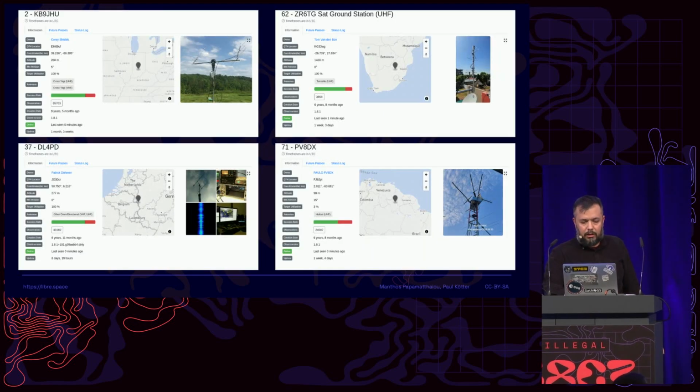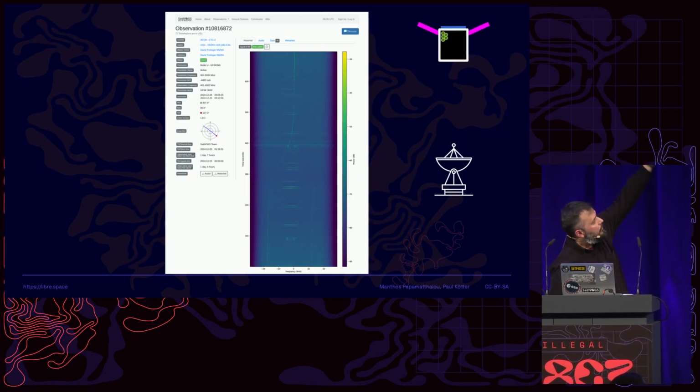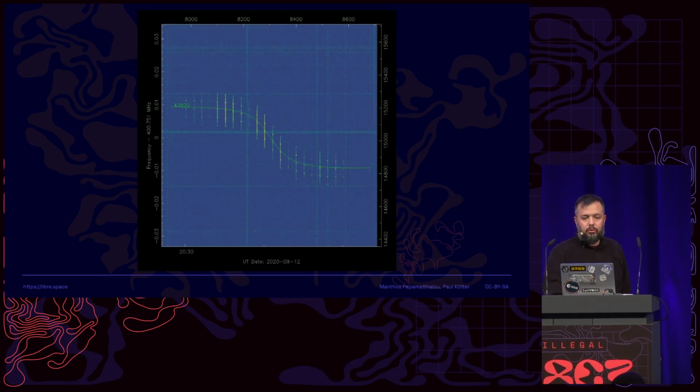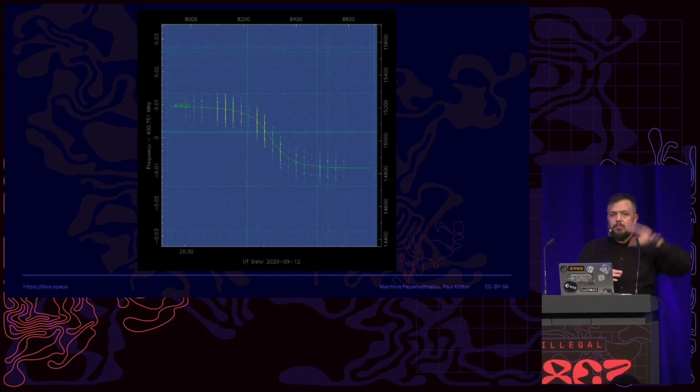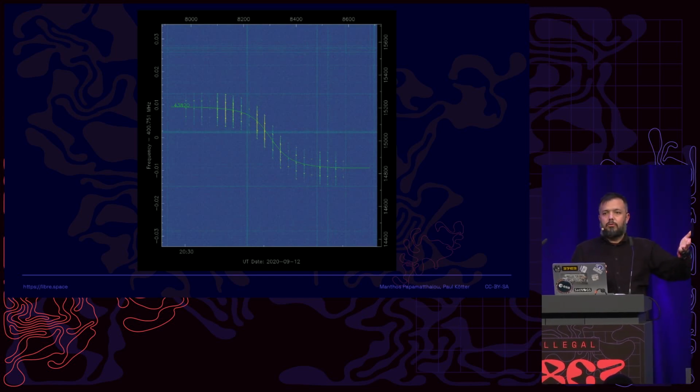So in this image, the signals are coming in a straight line because we're doing what we call Doppler compensation. We know the position of the satellite, we know the velocity of the satellite, so we remove this Doppler effect from the incoming signal in order to be able to decode it. But some people thought that you can do it the other way.